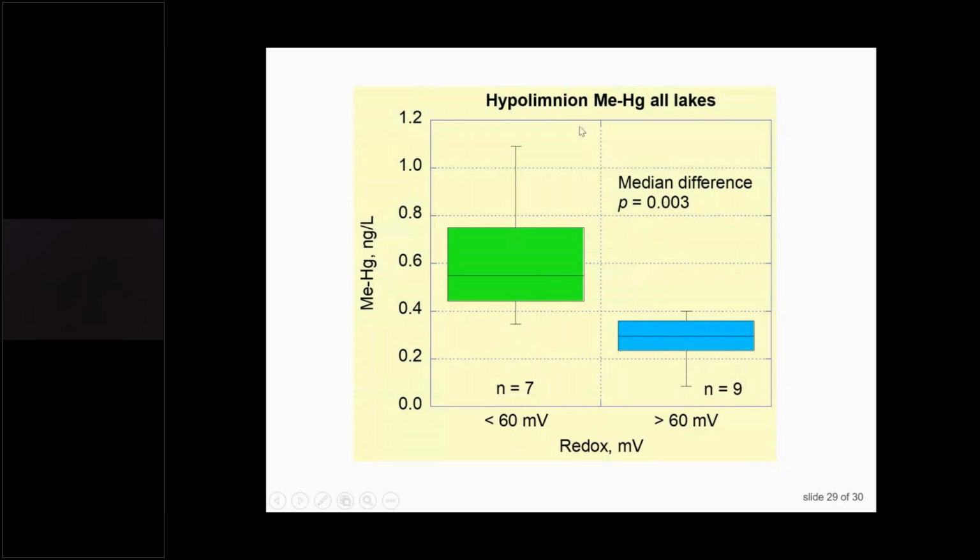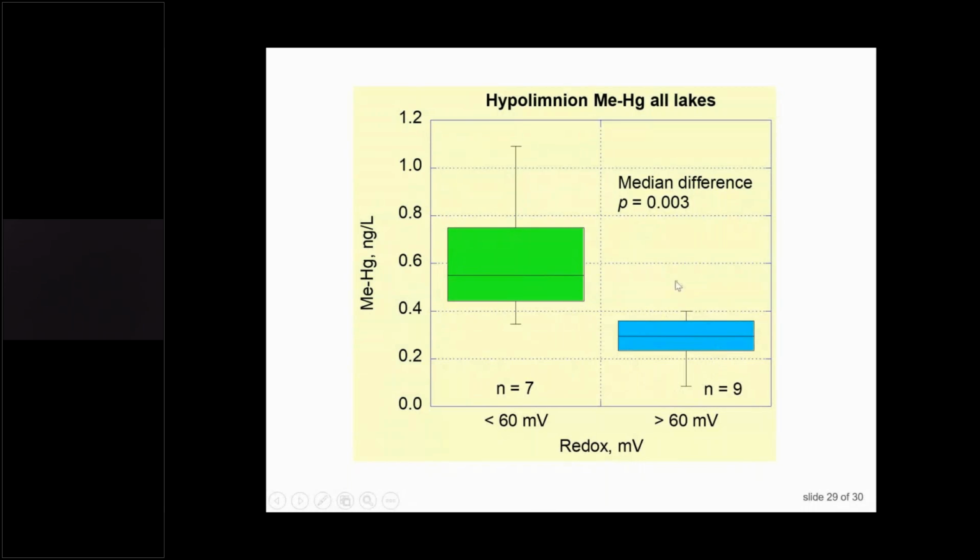But the bottom line is they got enough data to really feel confident that it's at these low redox conditions when you see methylmercury in the lake water, while under aerobic conditions, you did not see that. So really what we're probably looking at is summer and fall water quality versus winter and spring water quality.